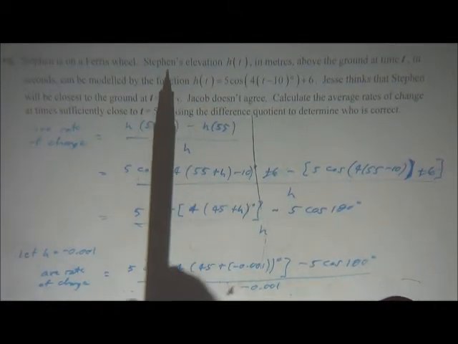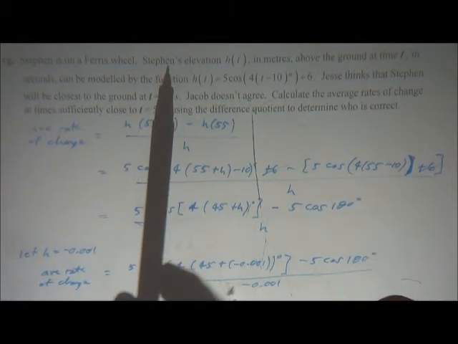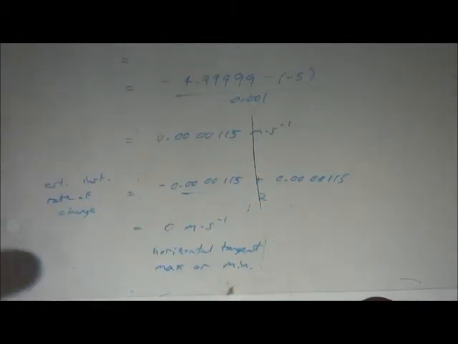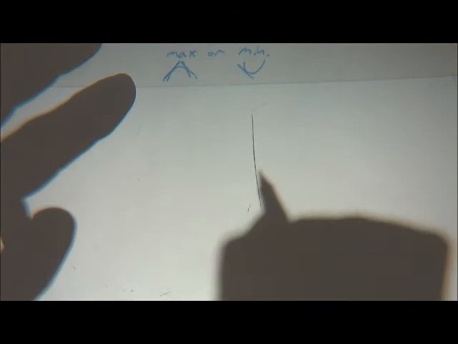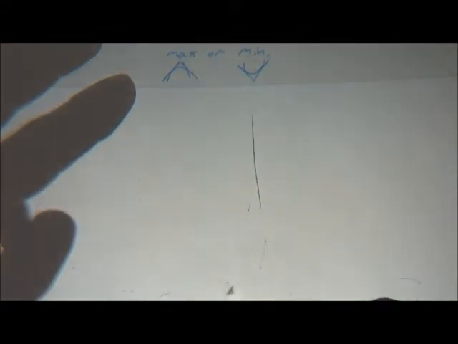Now the only way to figure out if it is a max or a min, meaning that either Stephen is the furthest away he could be or the closest to the ground, is this: if it's a maximum, then there should be a positive rate of change to the left of the max, a negative rate of change to the right of the max, or if it's a minimum, it would be a negative rate of change to the left and a positive rate of change to the right, in order to determine for sure if it's a maximum or a minimum at that horizontal tangent.